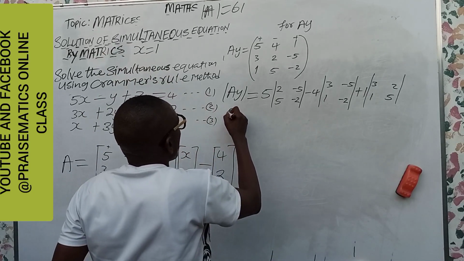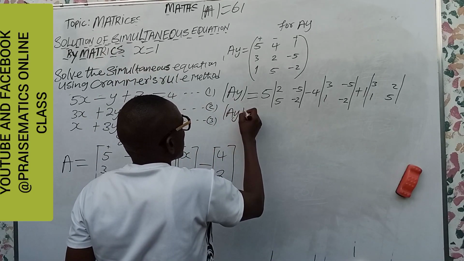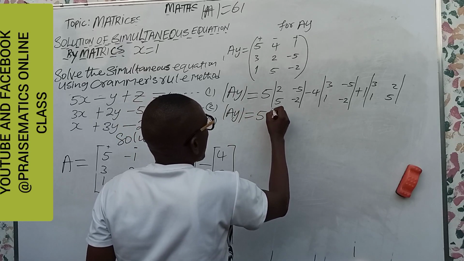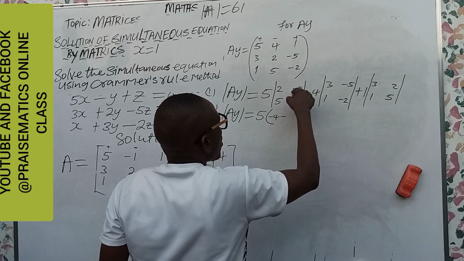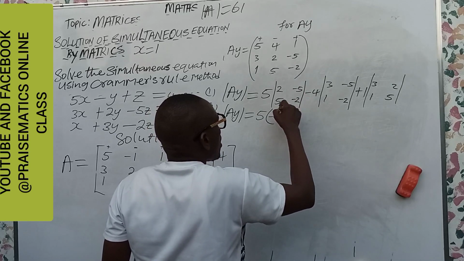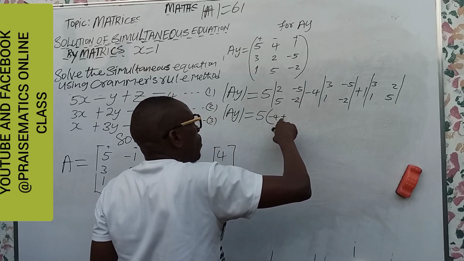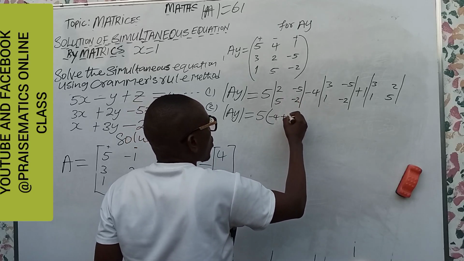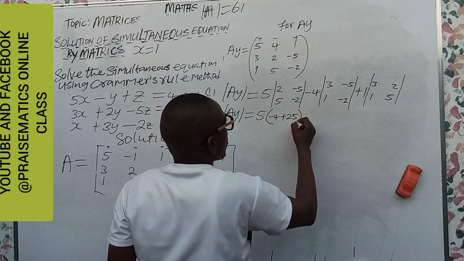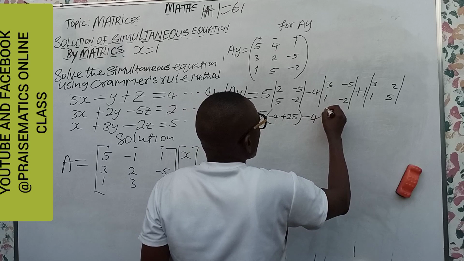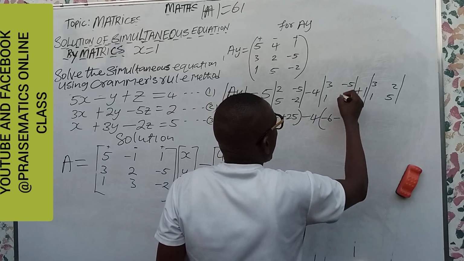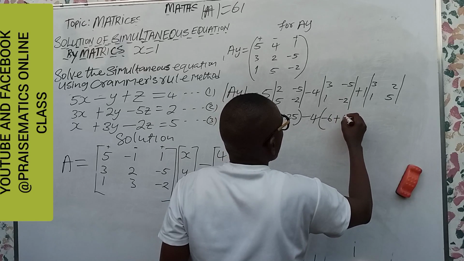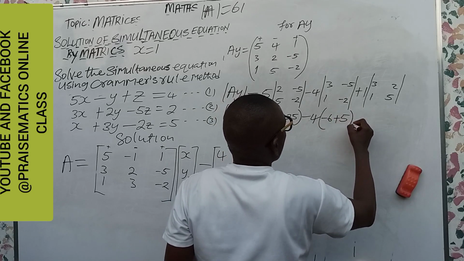What do we have now? We have that Ay determinant is equal to 5 into minus 4 minus 25. Close it. Minus 4 into minus 6 minus 5 will give us plus 5. Close it.